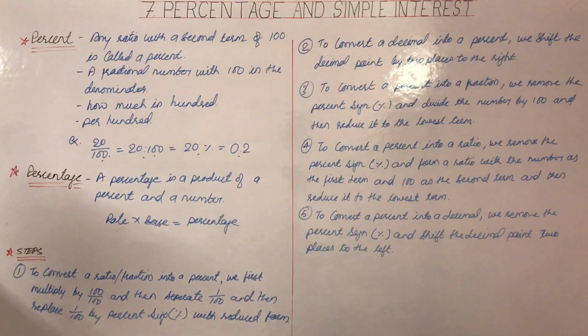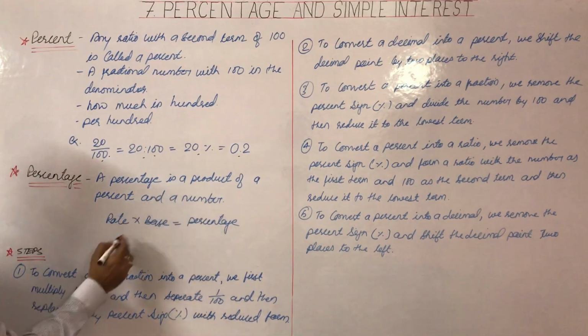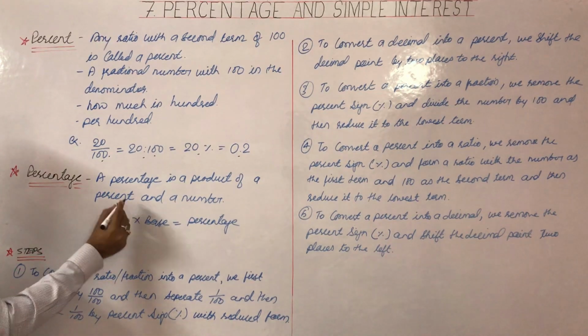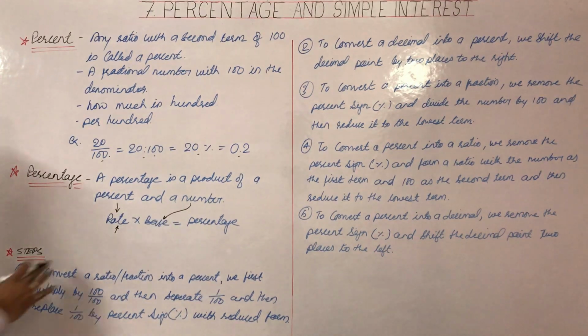Then percentage. A percentage is a product of a percent and a number. That percent is also known as rate. So percent is a rate. Then number is also known as base.